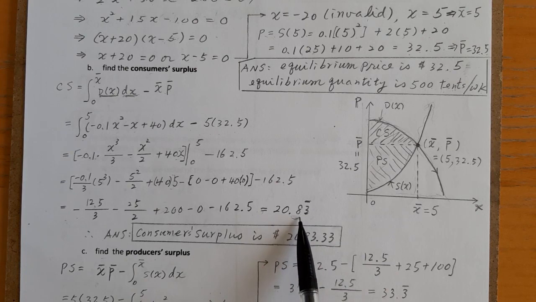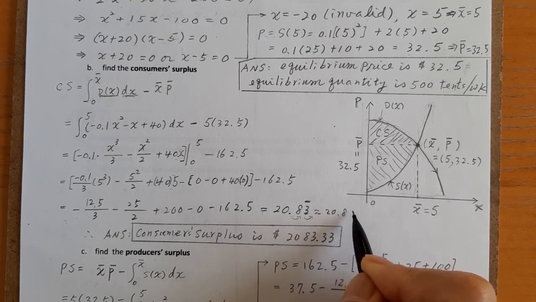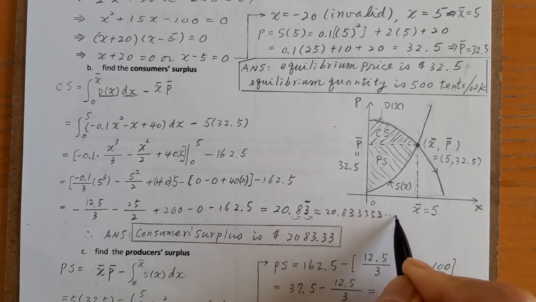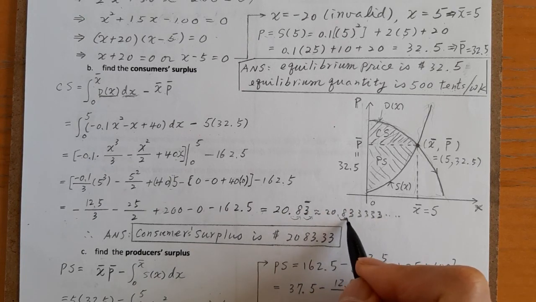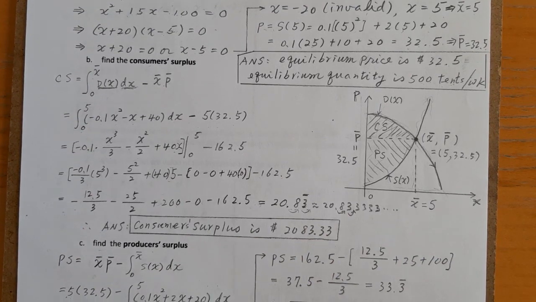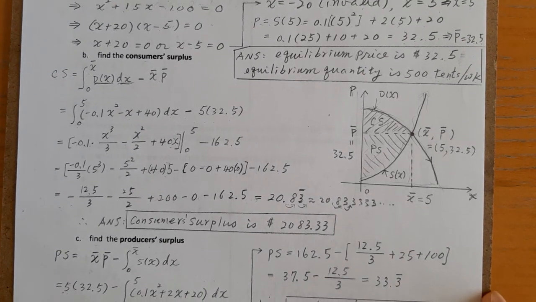So this equals 20.83333, keep going. So move the decimal to the right 2 positions, and we get $2,083.33 as the consumer surplus.